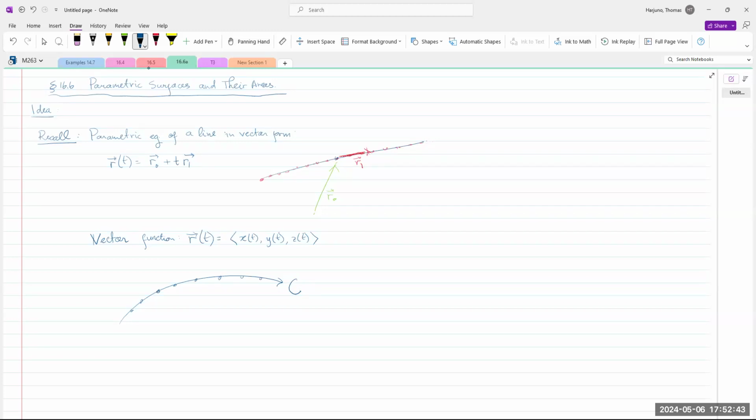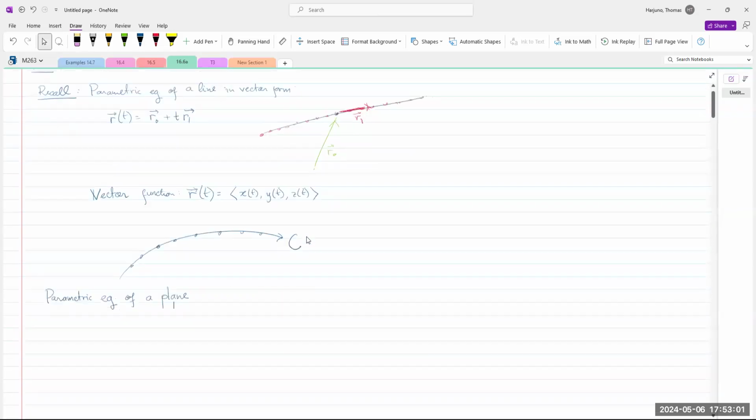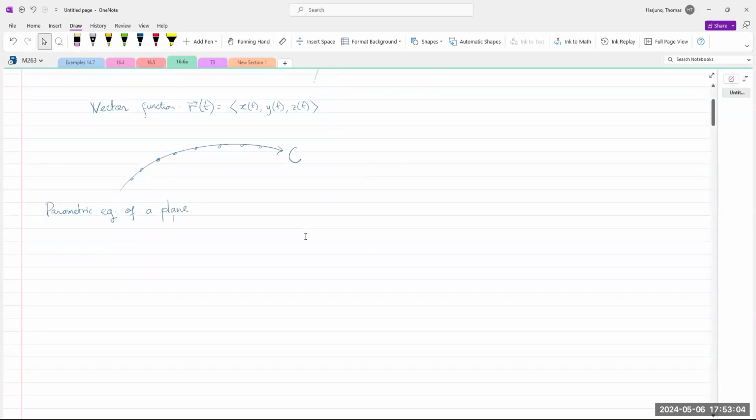Now, suppose we go to the parametric equation of a plane. Notice that a plane can be built using two vectors.